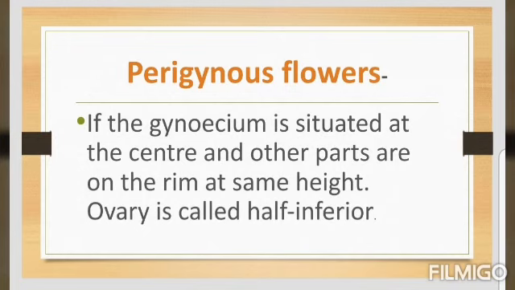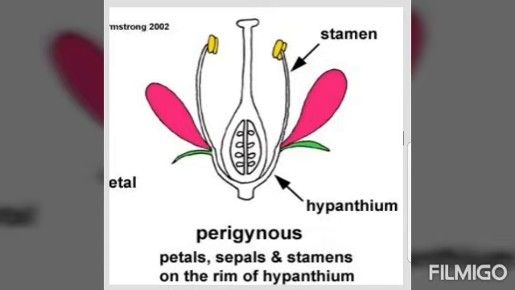If gynoecium is situated in the center and other parts of the flower are located on the rim of the thalamus almost at the same level, it is called perigynous. The ovary here is said to be half superior, half inferior.